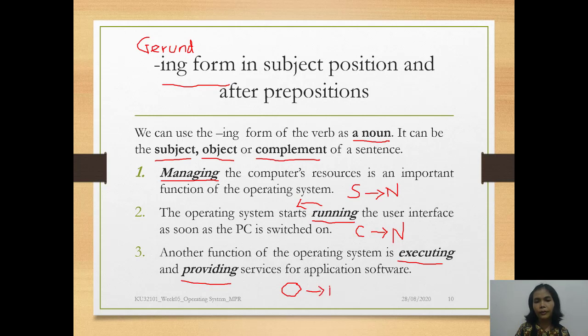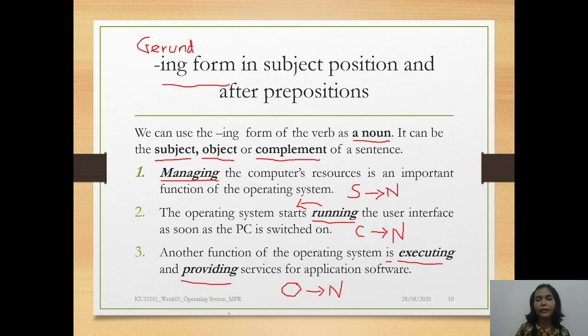So maybe some of you get a little bit confused. Miss, why is this one counted as an object rather than a verb? Because there is the verb to be and there is also ing. Then what is it considered as? What do you call it? Continuous tense over here? Not necessarily, as long as you see the context.